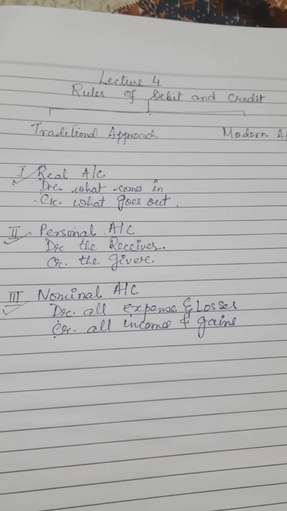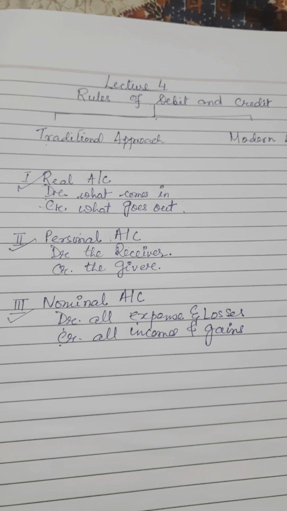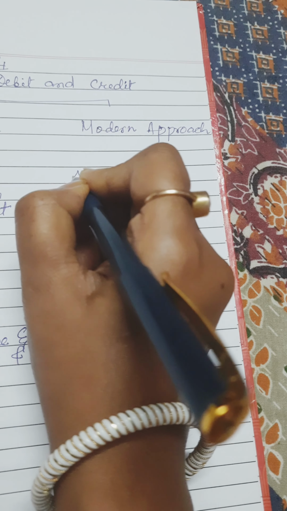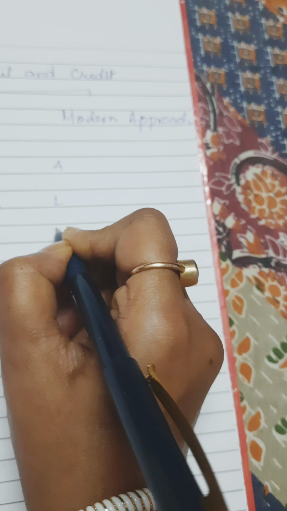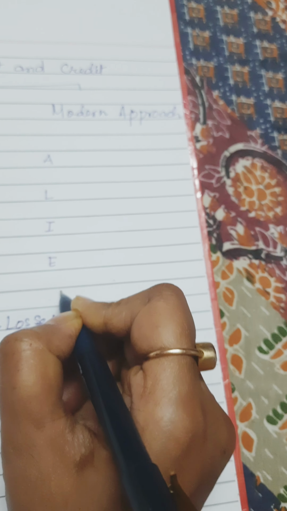So this is the traditional approach. Now coming to the modern approach. In the modern approach, we have assets, liabilities, income, expenses and capital.